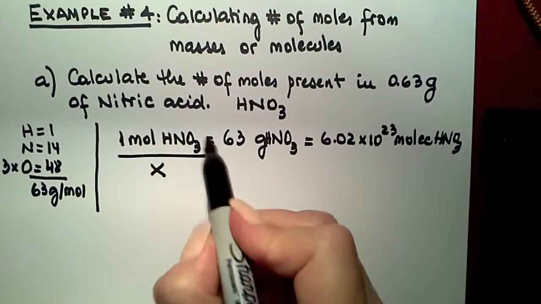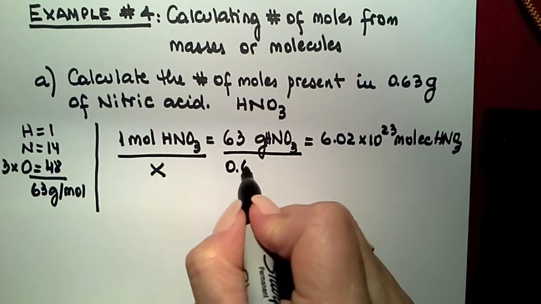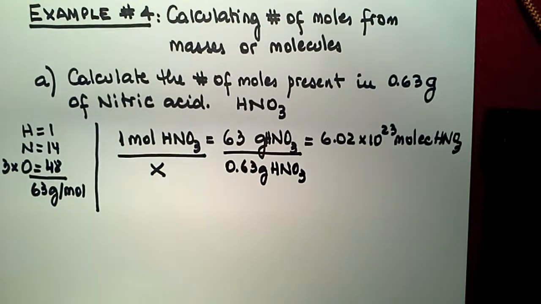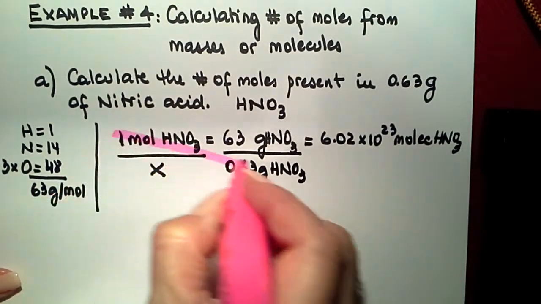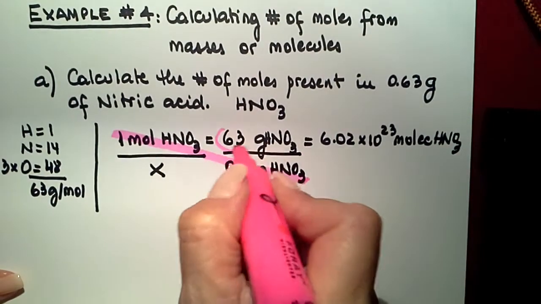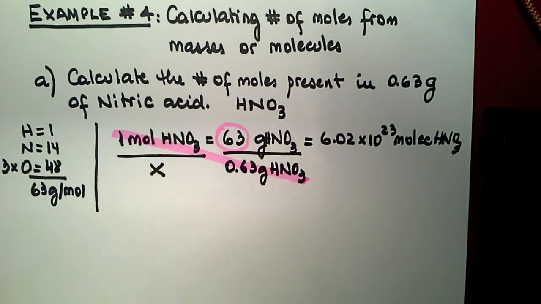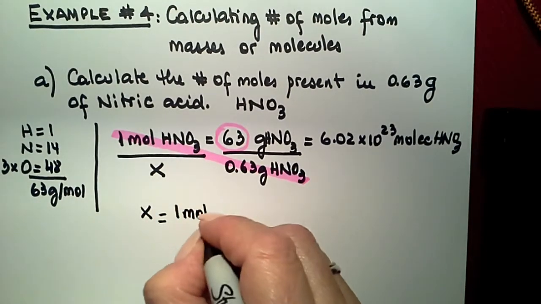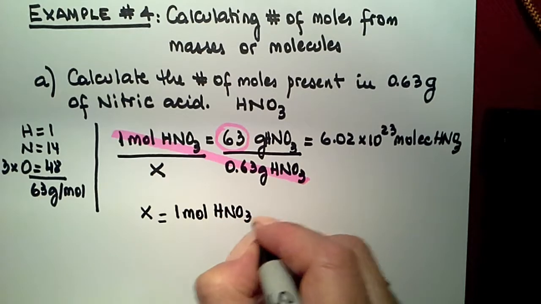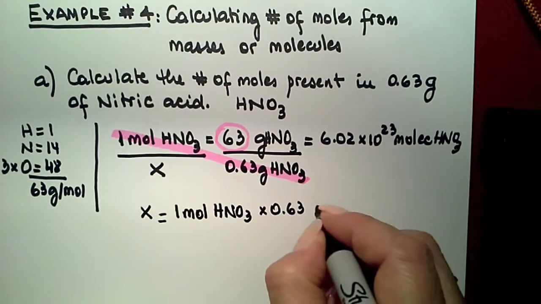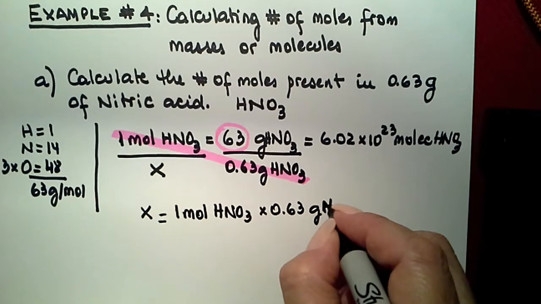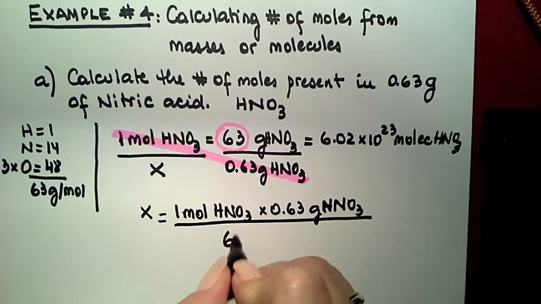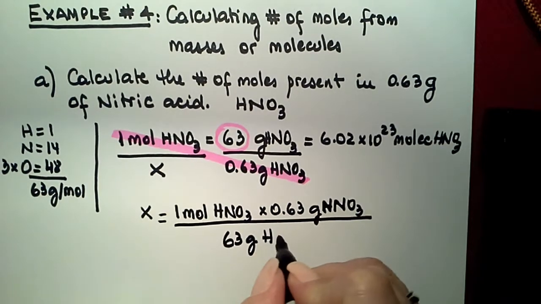Now we need to calculate the number of moles, so I'm going to put my X here. And they are giving me the mass, so I'm going to put 0.63 grams of nitric acid here. So again, my X will be 0.63 times 1 divided by 63. So my X, remember the units, is 1 mole of nitric acid times 0.63 grams of nitric acid, HNO3, divided by 63 grams of nitric acid.